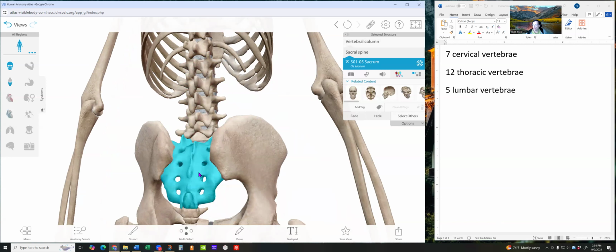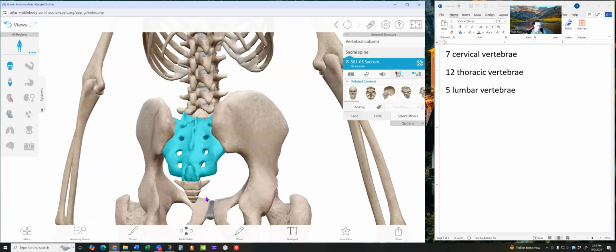Sacrum is one large bone that is formed by the fusion of 5 primitive sacral bones before you're born. So there's 5 little tiny bones that have been fused together into one complete sacrum. You don't have to know the 5 individual tiny bones of the sacrum. All you have to be able to do is identify the one large sacrum.